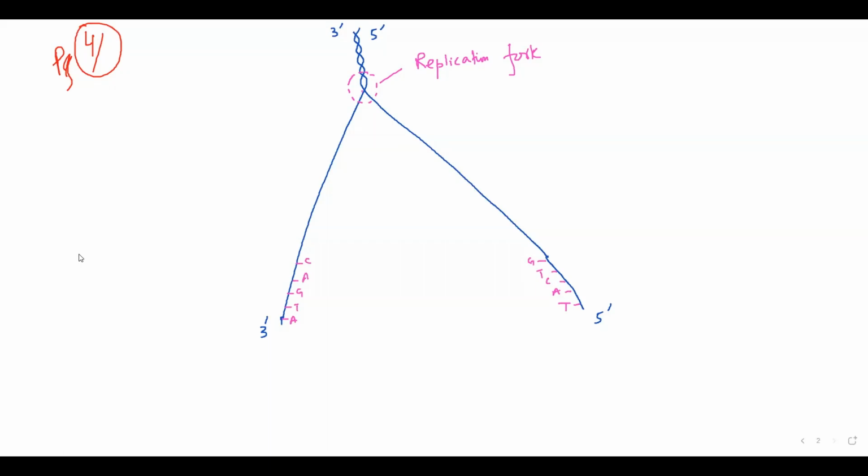Now look, there are nucleotides present in the nucleus. So a nucleotide containing T came up. Imagine. Then A came up. Then C came up. Then G came up. Then T came up. Then G came up.